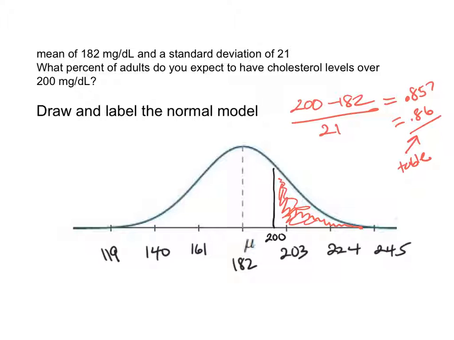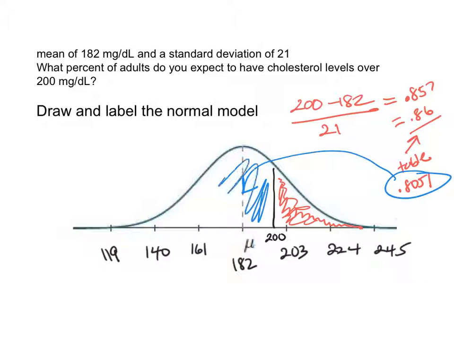If you find 0.86 on your table, it should correspond to the area underneath the curve as 0.8051. Now remember, that 0.8051 represents the area to the left. So everything that is shaded here in the blue, that is the 0.8051.